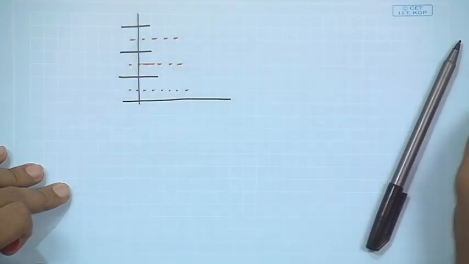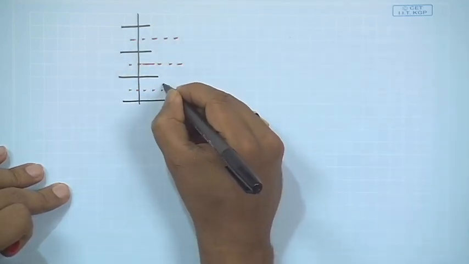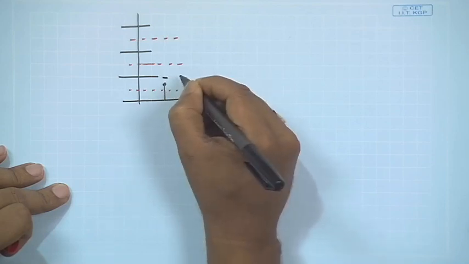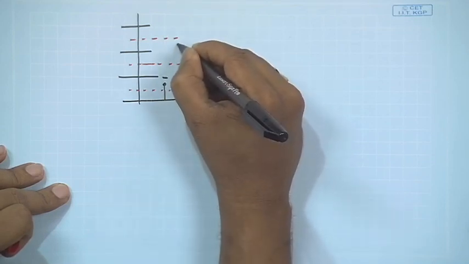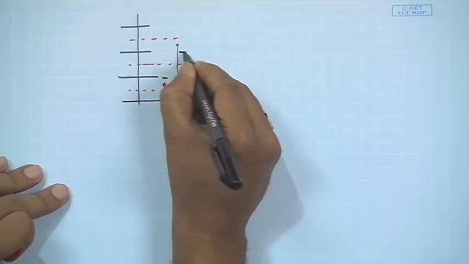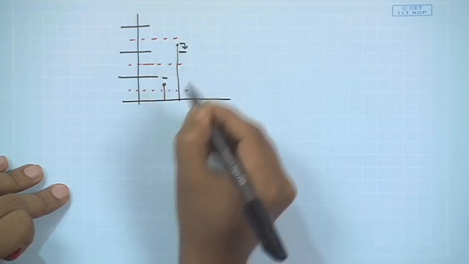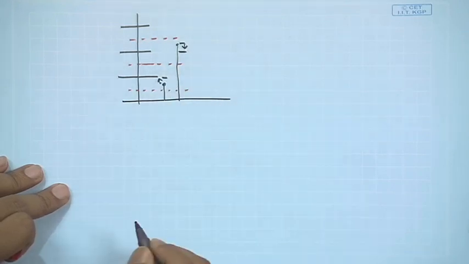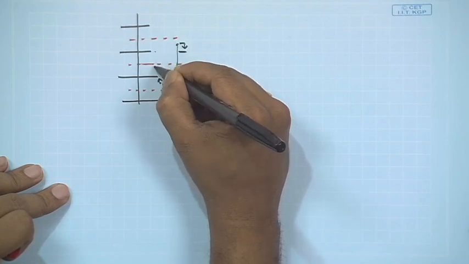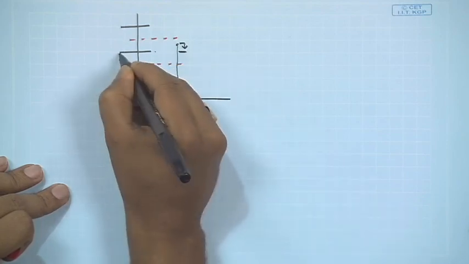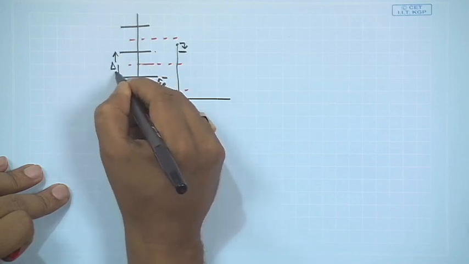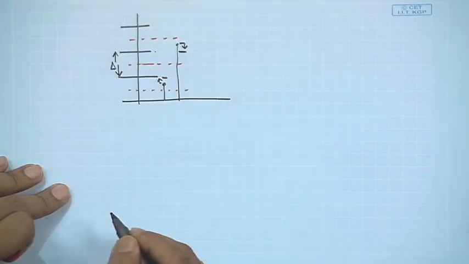Thresholds mean comparison points. So, if a signal is here, you would elevate it to this level, and if a signal is here, you would degrade it to this level. So, a signal above this threshold goes up, a signal below this threshold goes down, and we would say that this interval, let this be marked as delta, is the quantization step.